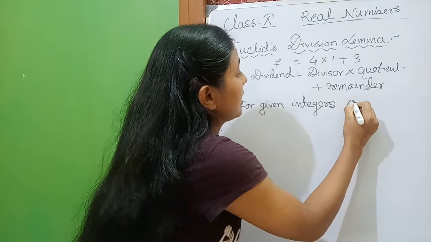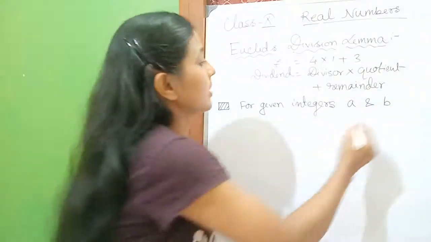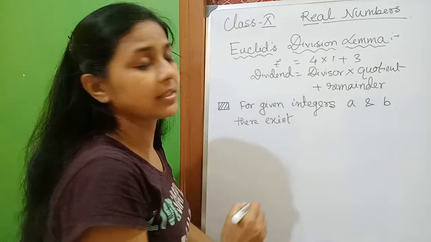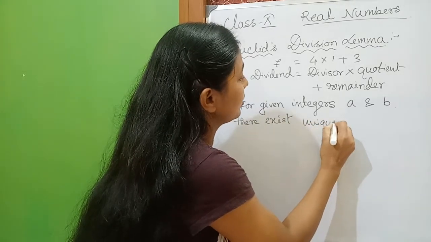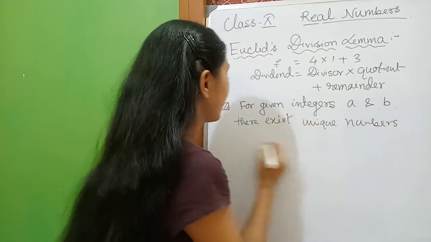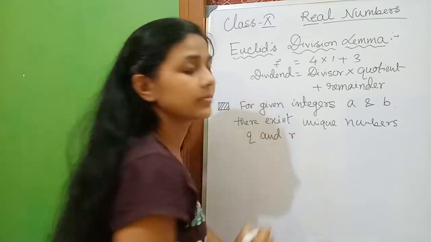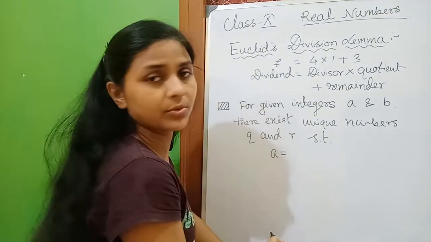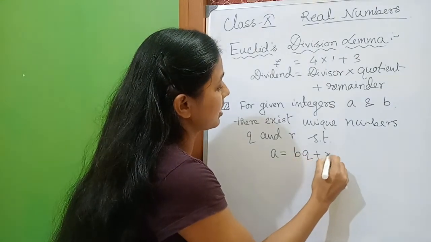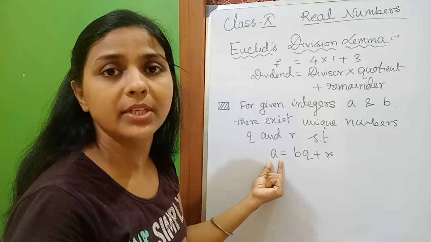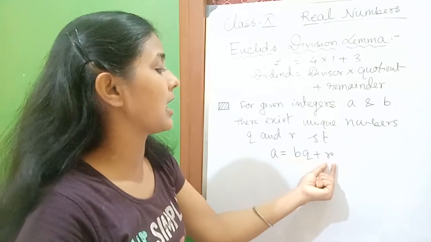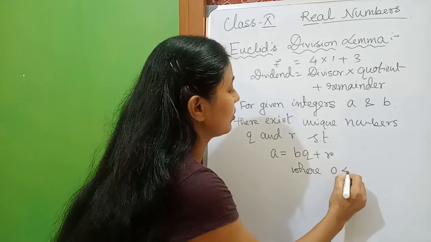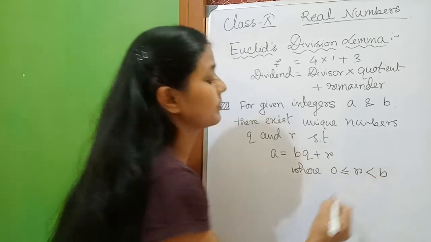For given integers a and b, there exist unique numbers q and r such that a equals bq plus r, where a we have taken as the dividend, b the divisor, q the quotient and r the remainder, where this is only valid where 0 is less than or equal to r, and r is less than b.